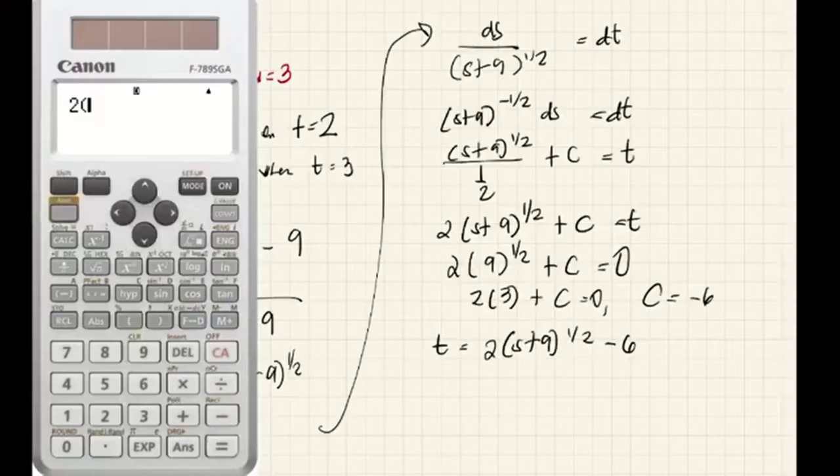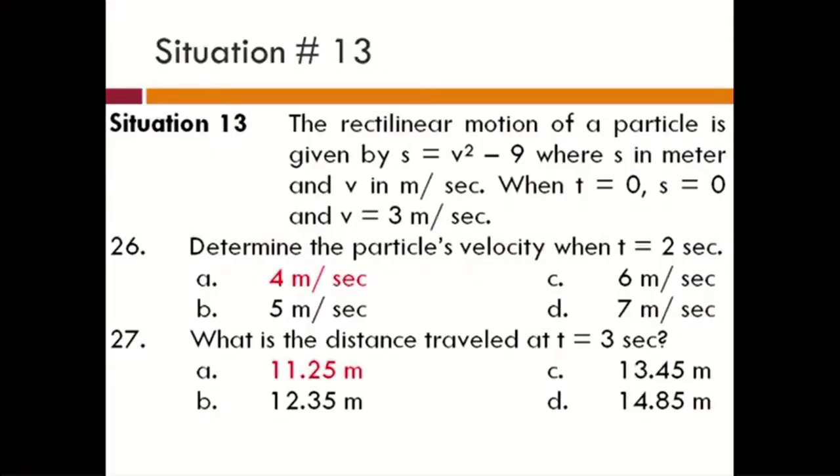Distance at time equals 3. Time equals 3 pala. 3 plus 9, raised to 1 half. Minus 6. Ang sagot ay 0.928 at ang sagot dito ay 11.25. Ano ba yung nakuha natin?